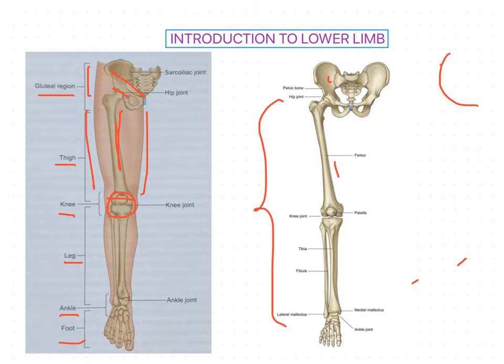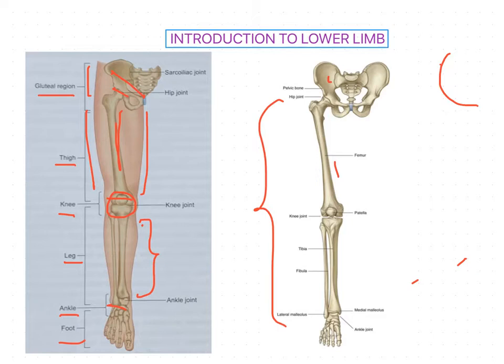Okay, now coming to the leg, it is the part of the limb between the knee and the ankle. Knee and the ankle is called as leg. Okay. The upper part of its posterior aspect. So this is the anterior aspect.